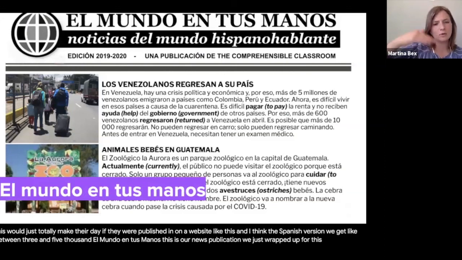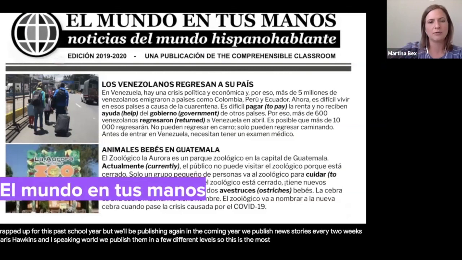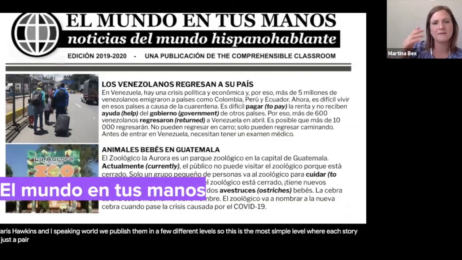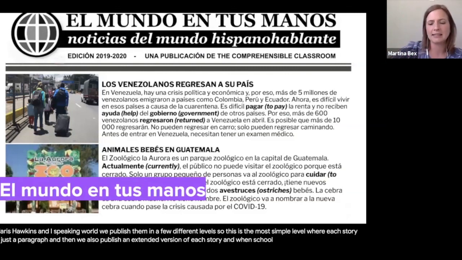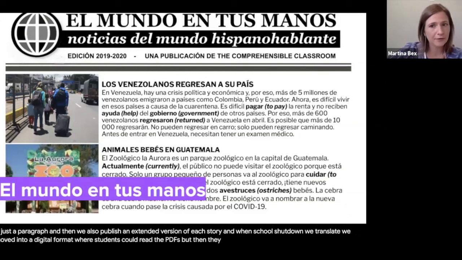And when school shut down, we moved into a digital format where students could read the PDFs, but then they were completing tasks. We had some reading activities that were all done through Google Docs and Google Slides. There's a French version as well that's published by Cécile Linné and Anna Gilcher.